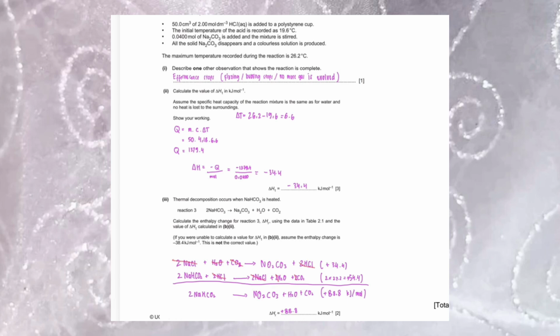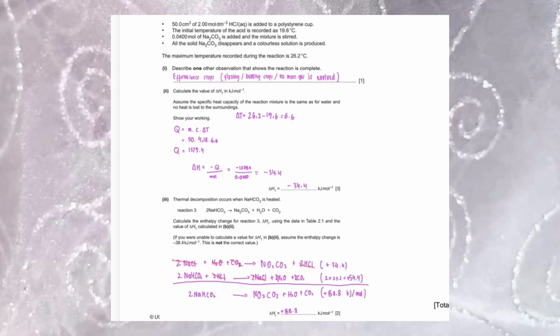The temperature change is 6.6. Right now we calculate the heat, q. We use the formula mass times c times temperature change, equals 15 times 4.18 times 6.6. The answer for q is 1378.4.